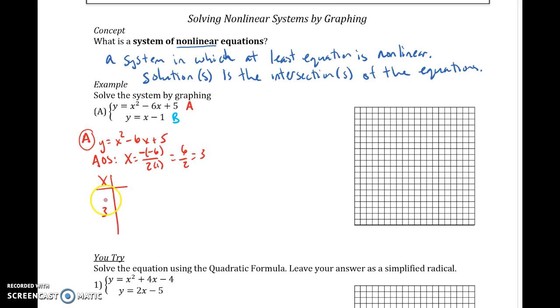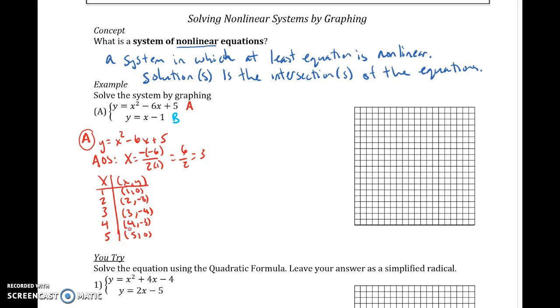To save you some time, I already calculated these points, so we can just graph this. The points are (1, 0), (2, negative 3), (3, negative 4), (4, negative 3), (5, 0).